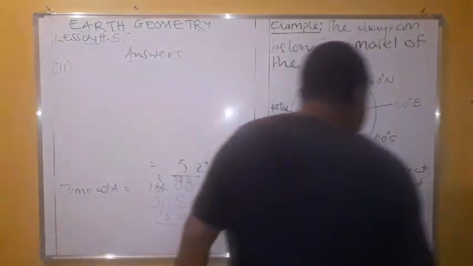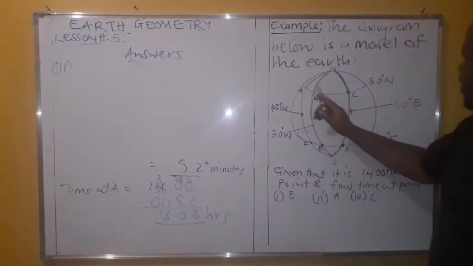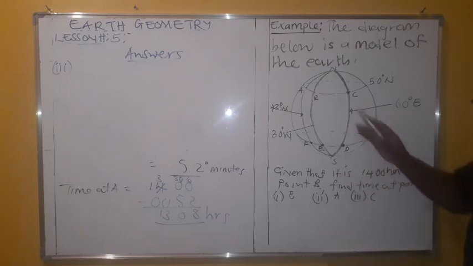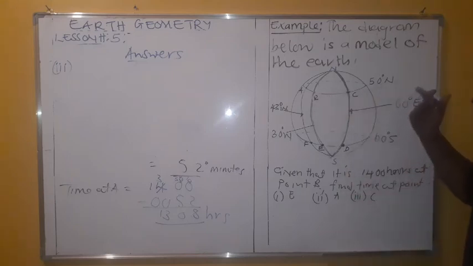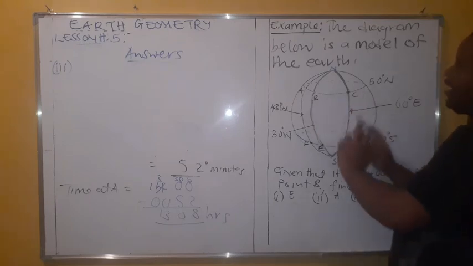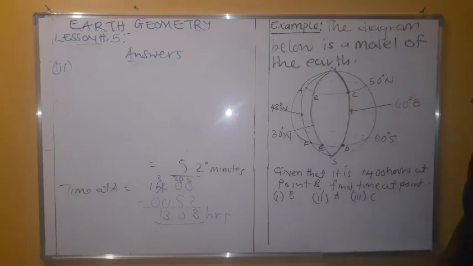C. We are using this. So we are saying time here is 14 hours. What's the time here? The question is B and C sharing the same longitude? No. The longitude is different. So if the longitude is different, then time is different. Okay? So what is that time? What is that difference in time, or time difference?